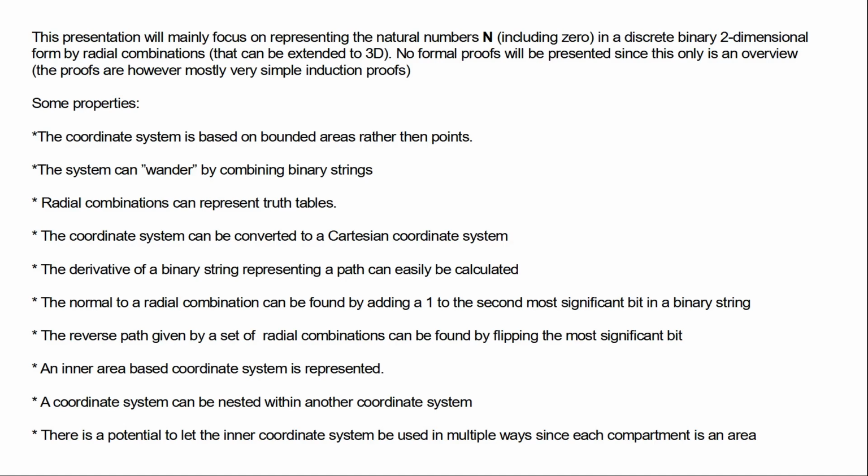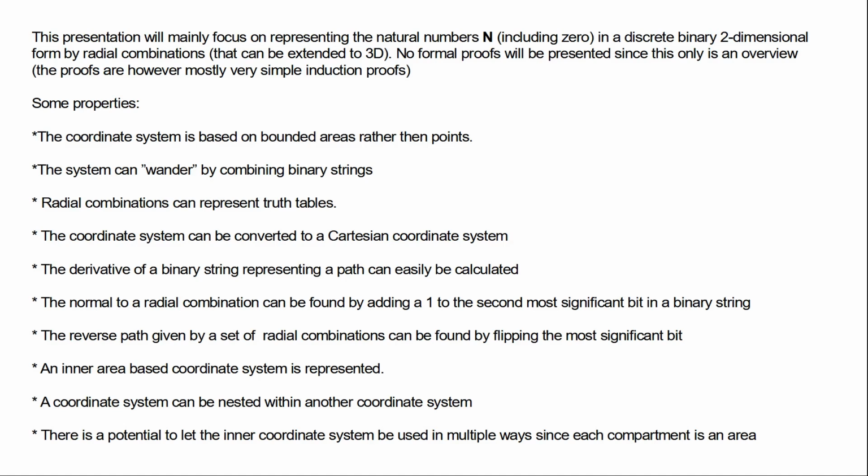Some properties. The coordinate system is based on bounded areas rather than points. The system can wander by combining binary strings. Radial combinations can represent truth tables. The coordinate system can be converted to a Cartesian coordinate system.